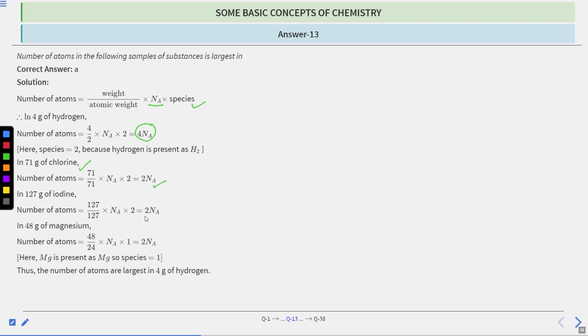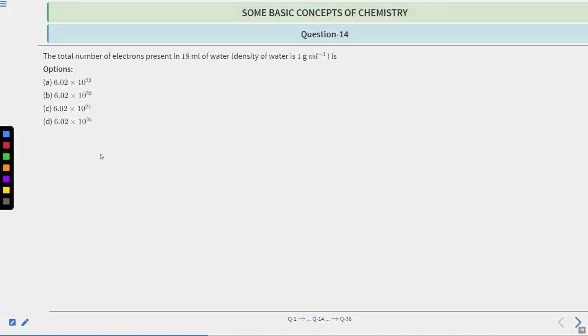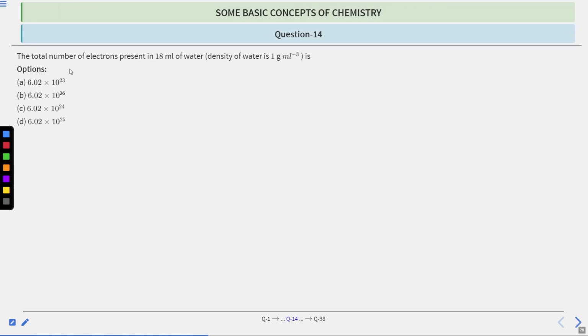In 127 gram of iodine, it will be 2 NA atoms. In 48 gram of magnesium, it will be 2 NA atoms. Hence the number of atoms is largest in 4 gram of hydrogen, that is 4 NA. That's why option A is correct. Moving on to our question 14.